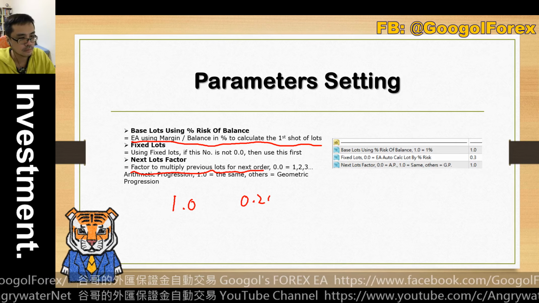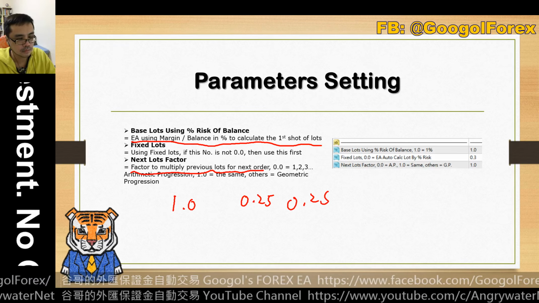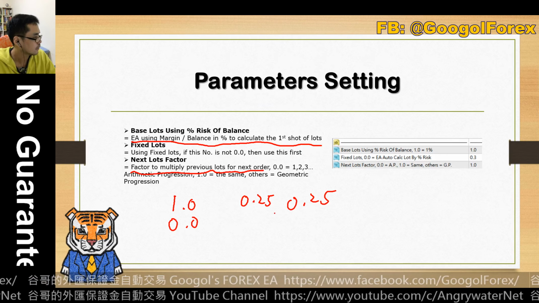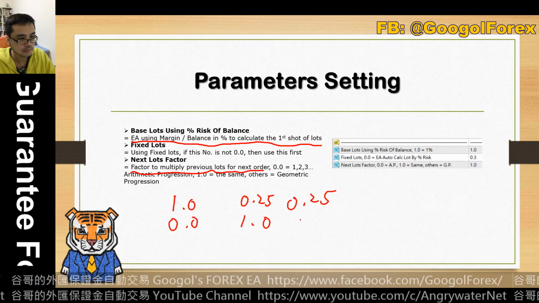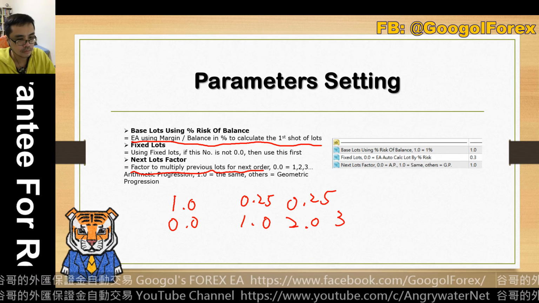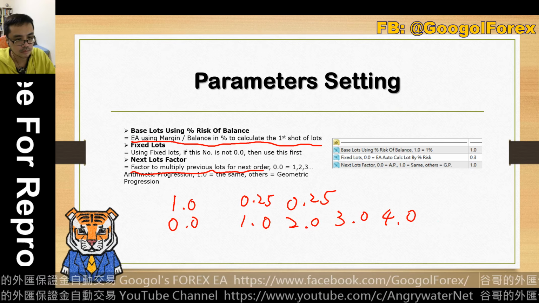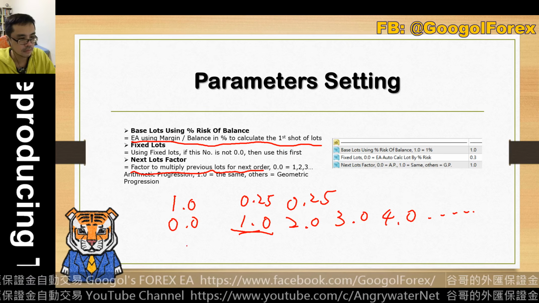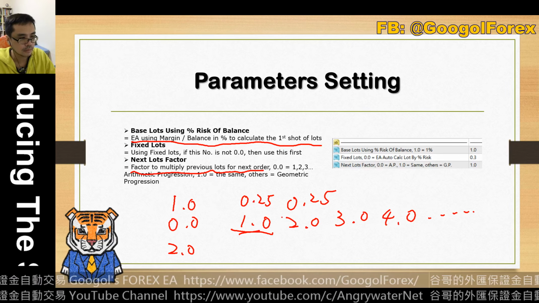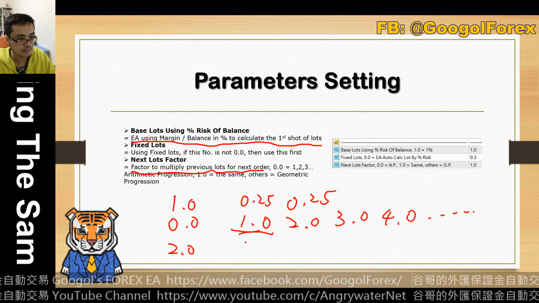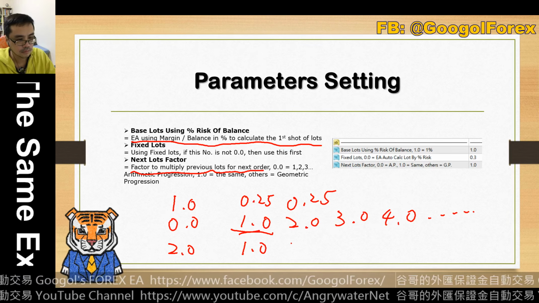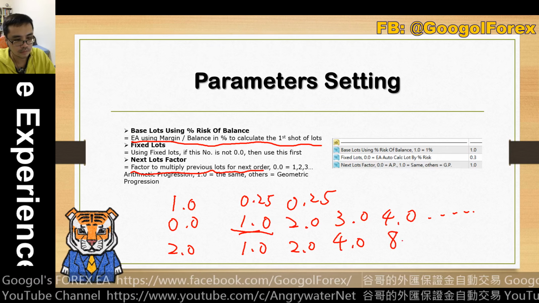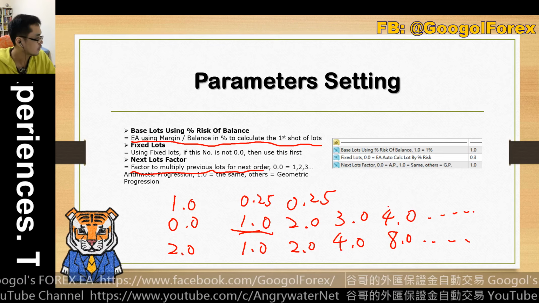If the next lots factor is 0.0 and your first order using fixed lots is 1.0, then the following orders will use lots as 2.0, 3.0, 4.0, etc. until the next round resets it. But if the number is another value like 2.0, and your first order is 1.0 fixed lots, then the following orders will use lots as 2.0, 4.0, 8.0, etc. until the next round resets it.